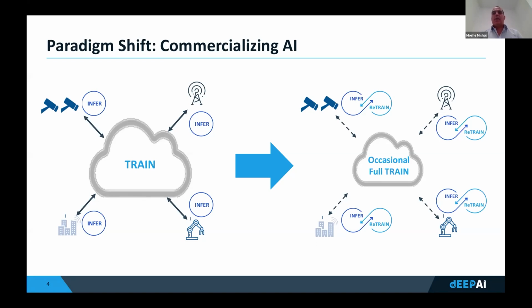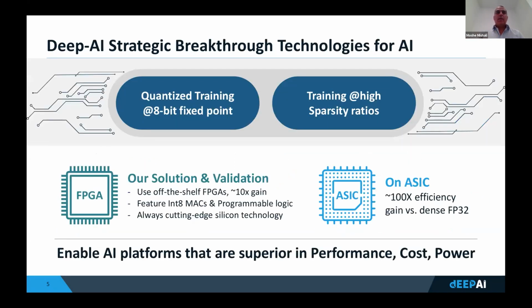Now, what are the challenges and what are the developments that we have prepared in order to be able to run on the edge? So first of all, and I think this was also mentioned in the keynote, floating point is considered essential for training today.